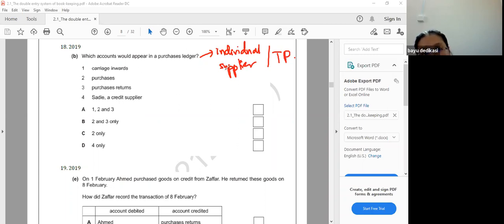The customer, a supplier name. So where is the supplier name? This is a supplier name, so this is the one. Where are all the accounts recorded? Recorded in the general ledger. So the purchases ledger records individual suppliers. So your answer should be D.